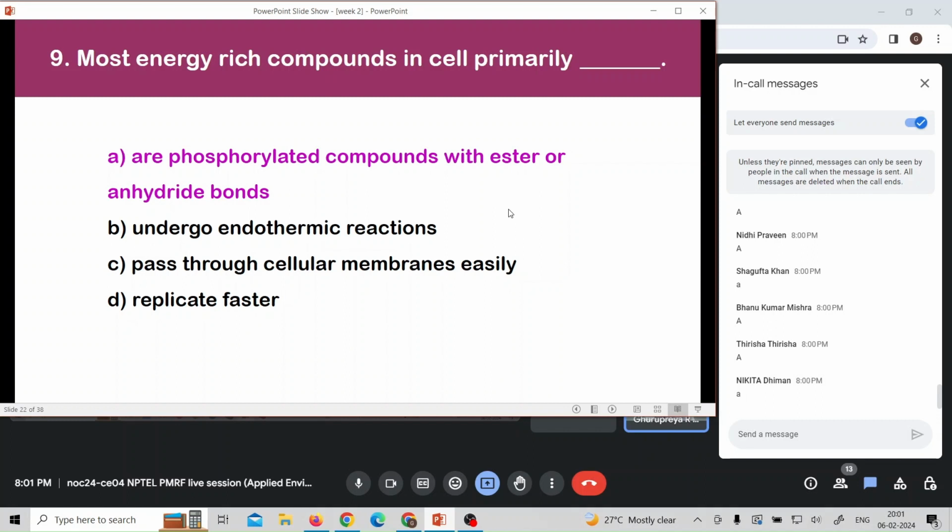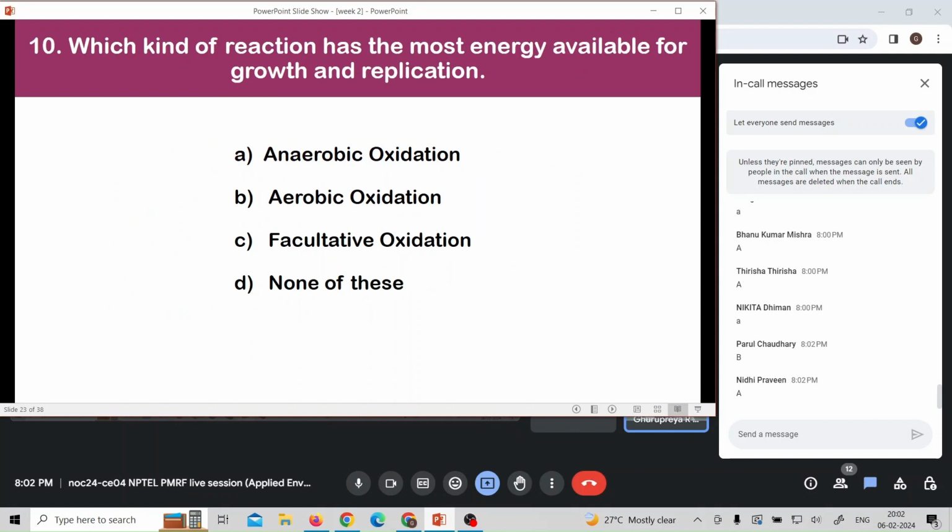Are you waiting for some twists and turns in the questions? Okay, a mix of A and B now.